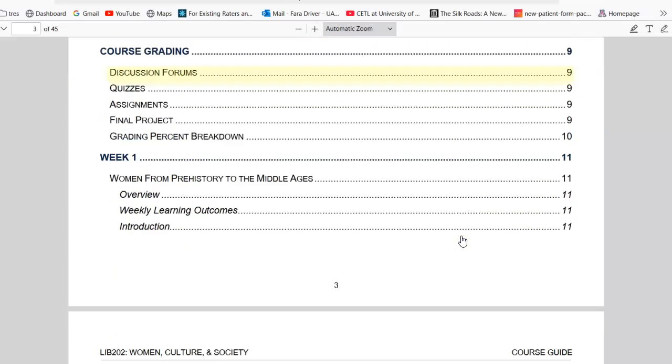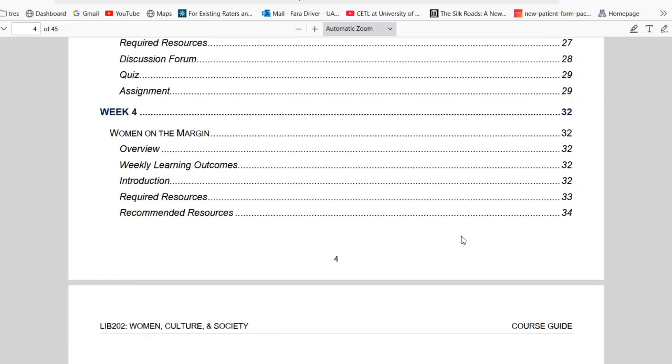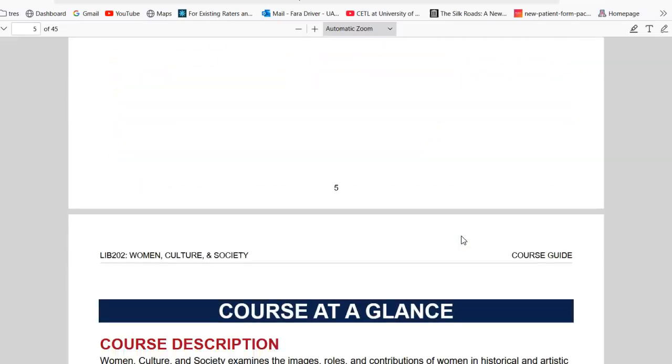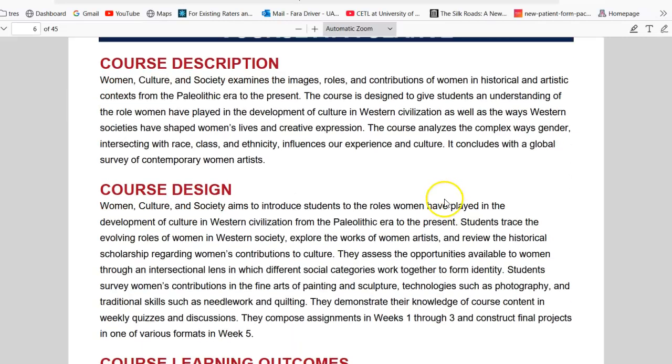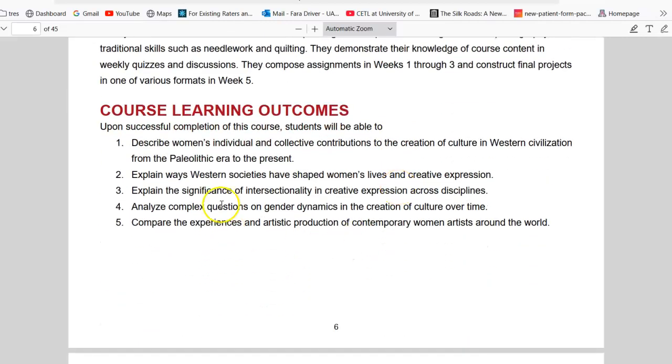All right, so in the beginning here, after we get through the table of contents, the course at a glance has your course description, your course design, and your CLOs. These are the course learning outcomes. This is what you are supposed to be accomplishing in the course itself and by the end of it.